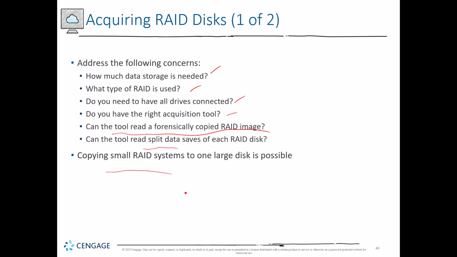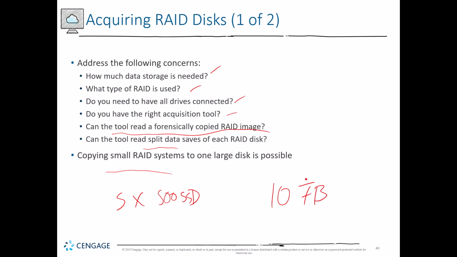Copying small RAID systems to a large disk is possible. For example, right now I have a SAN with 500 gig SSDs. I can easily copy that to a 10 terabyte mechanical drive.